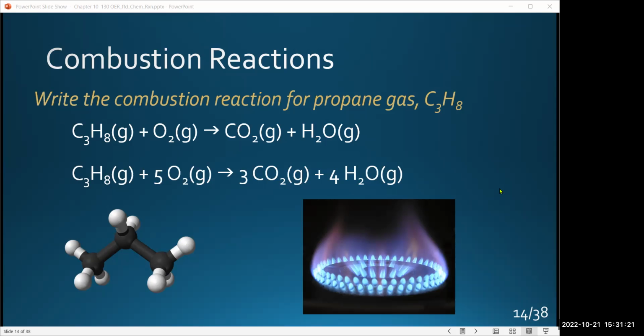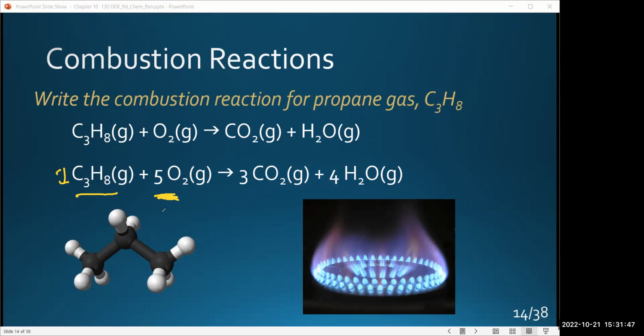Now, in this balancing, here's something to notice. For every 1 molecule of propane, think about this next time you're cooking out there, okay? I always think about it when I'm using my propane tank. For every molecule of propane, I need 5 molecules of oxygen. That's quite a bit of oxygen, okay?